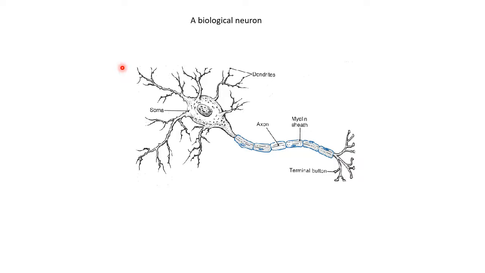Here's a diagram of a biological neuron. Your brain consists of about 10 billion of these, and they receive input in the form of electrochemical impulses into the neuron, and it pulses out to the neurons to which it is connected.